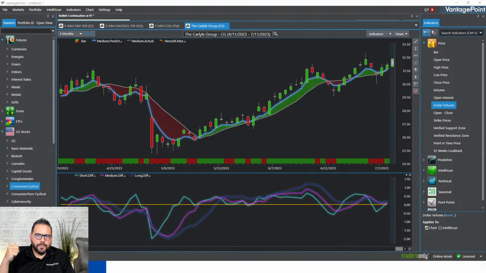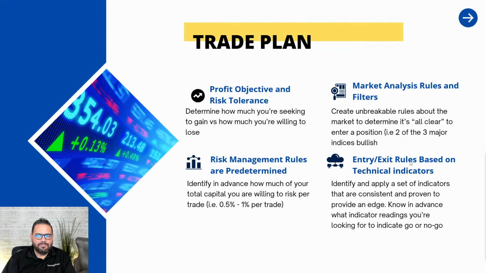One of the steps in the process is to get it out of the scanner and take a look at it with the predictive indicators, or whatever indicators you use, to make sure, going back to that trade plan, that your entry and exit based rules using your technical indicators are matching.